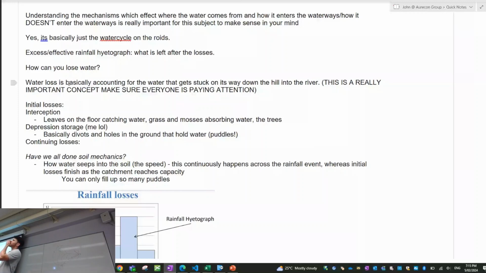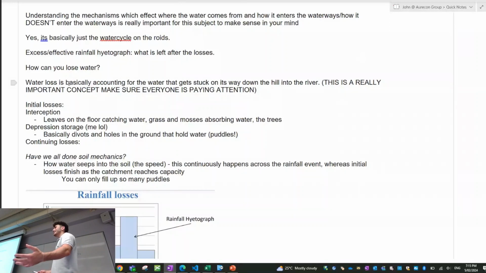So if we think about what the initial losses are, divots in the ground, roots of trees, why does that stop eventually? Yeah, it reaches capacity. So like I read, you can only fill up so many puddles. If all the puddles are filled, the catchment's going to stop absorbing the water. So that's why the water's just going to flow off the puddles.